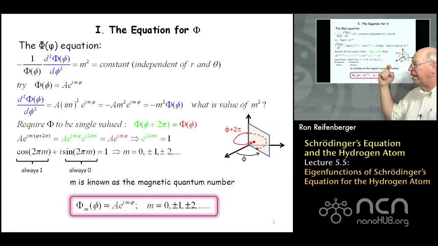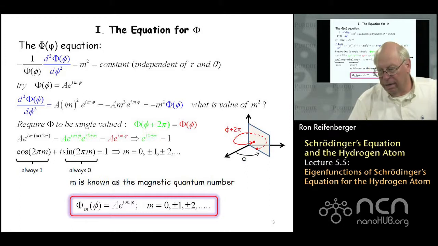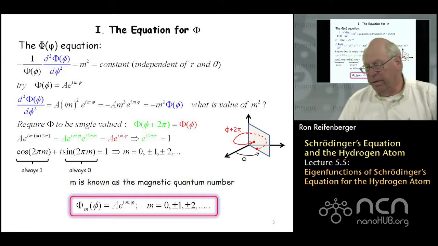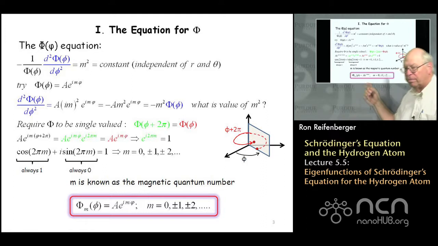This is the single valued criterion, and that just simply means that if you increment the variable phi by 2 pi, you should get back to the exact same wave function you had before, and that implies that this e to the 2 pi im is equal to unity. And the only way that can be true is if m is equal to a signed integer.